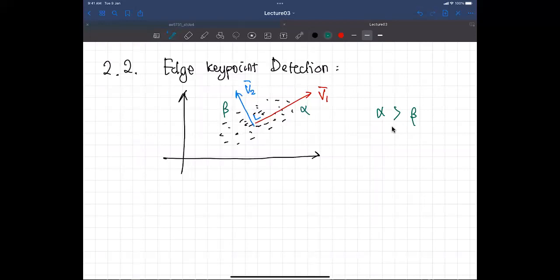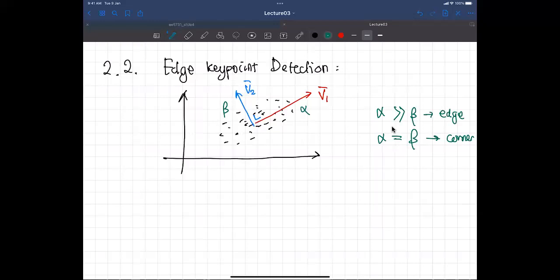If it's a circle, what happens with alpha and beta? They are the same. So alpha equal to beta indicates a corner. If alpha is much larger than beta, then it will be an edge. So that's basically the idea.